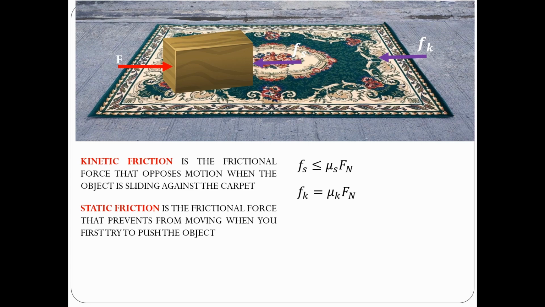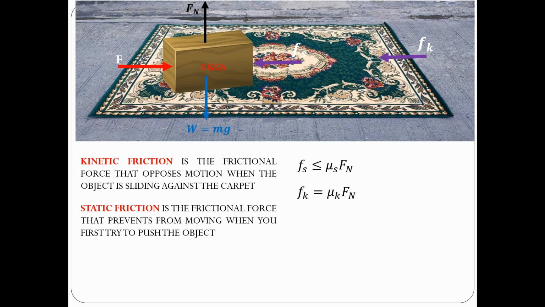To fully understand the concept of static and kinetic friction, let's make an example. Let's say the block weighs 5 kilograms. What is the normal force? And calculate the static and kinetic friction force. Now this block exerts a downward weight force which is equal to mg.